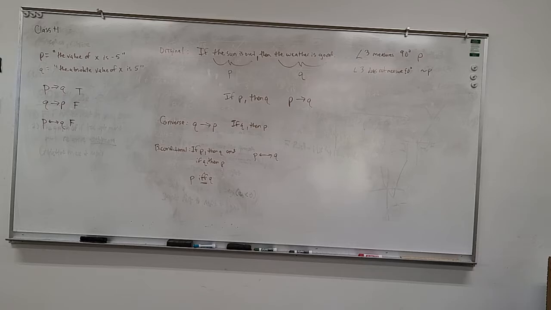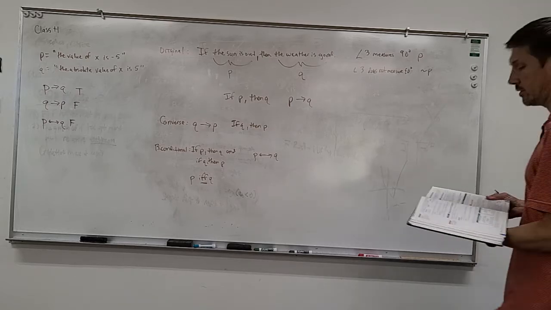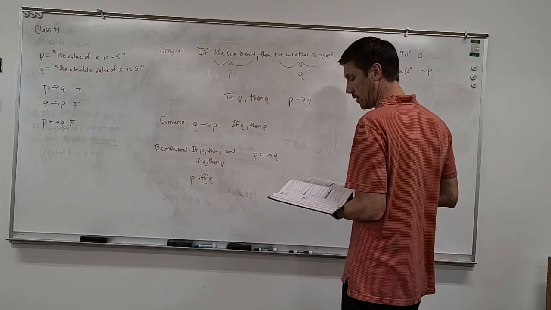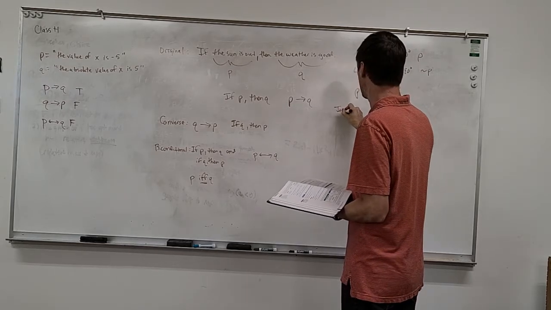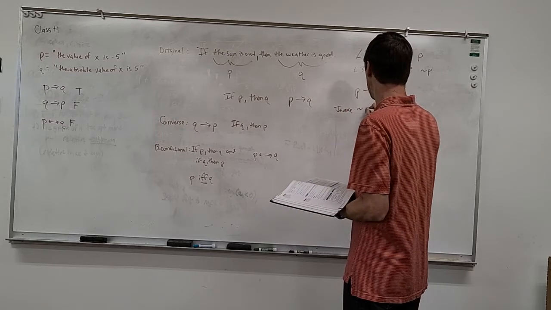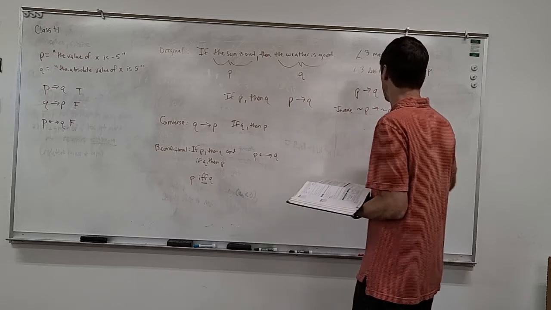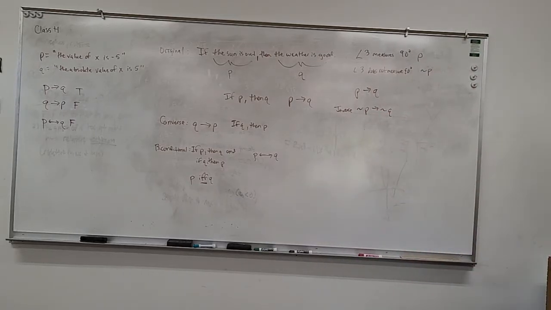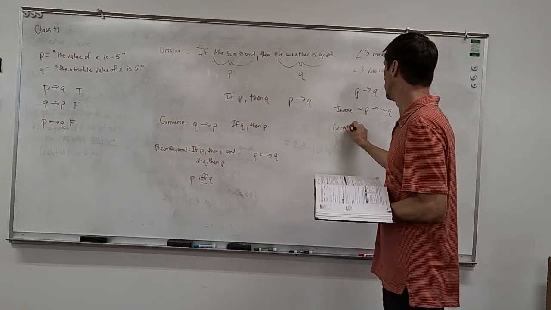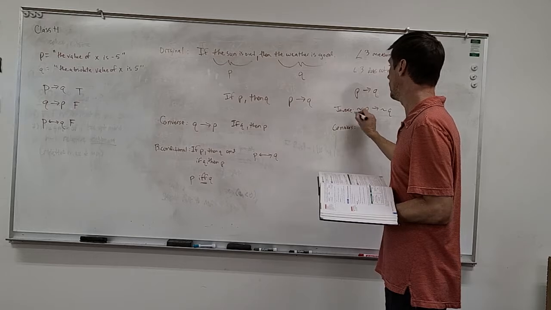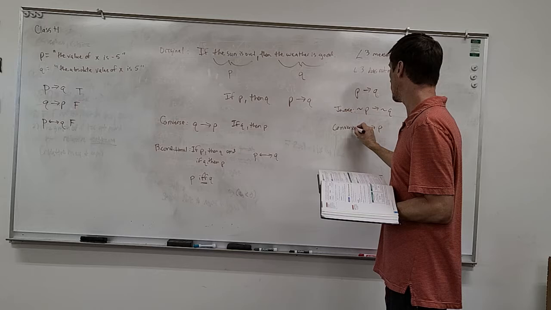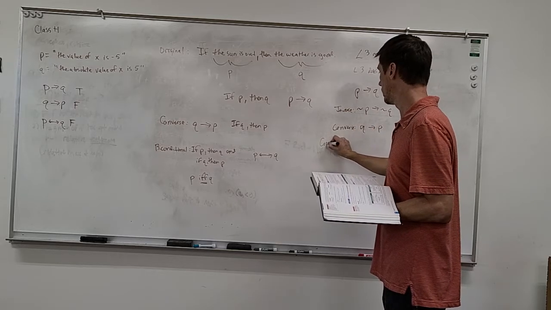And so what this means is that if you think about the way that we do the inverse, if I say if P then Q, then the way that I would write the inverse of that would be, you negate both sides, right? Tilde P, tilde Q, like that. And then the converse, we said, was you flip them around and you say if Q then P, and so the contrapositive is the negation of the converse.